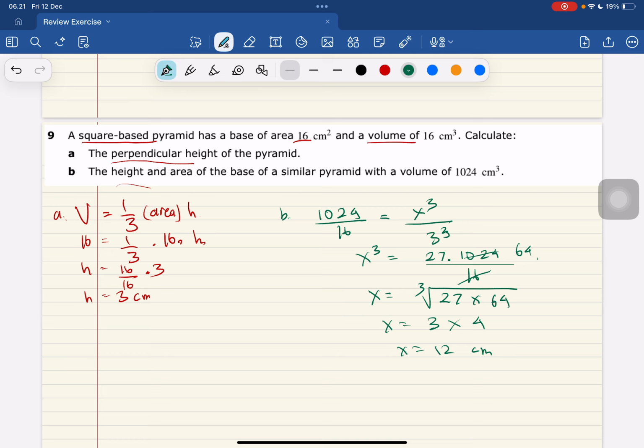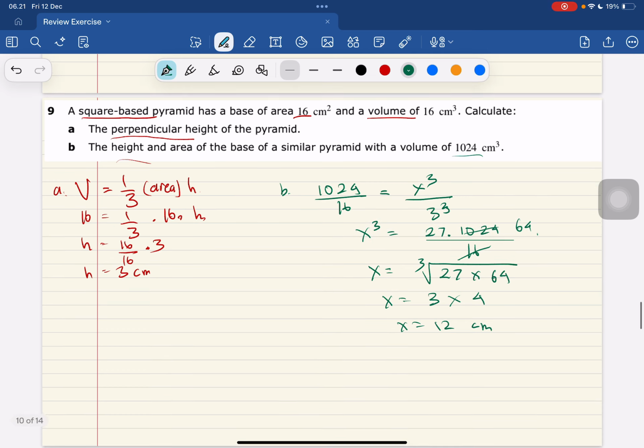If the volume is 1024, what is the area? We can find it with the volume equals 1 over 3 times the base area times the perpendicular height. So 1024 equals 1 over 3 times the area times the height, which is 12.